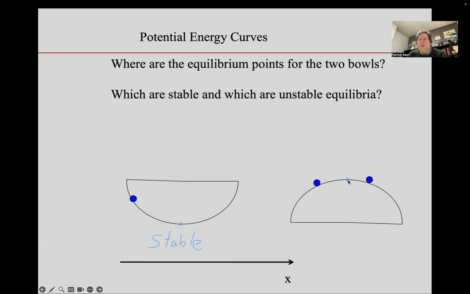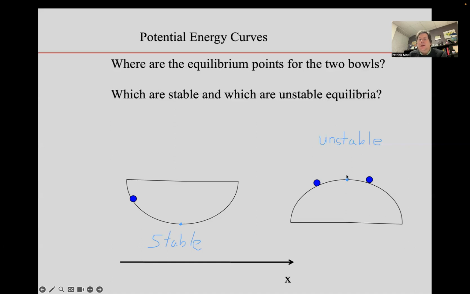The other equilibrium point we could have is unstable. Again, it's a point of equilibrium because the first derivative vanishes. The second derivative is negative, and it's a concave down function at that point.